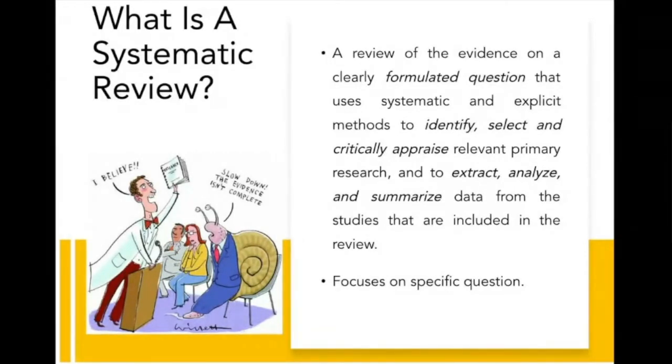So an SLR focuses more on a specific question. When you have a question, you have to find your evidence, and then you have to read it, summarize it, and come up with your own review. Okay, that is how a systematic review works.